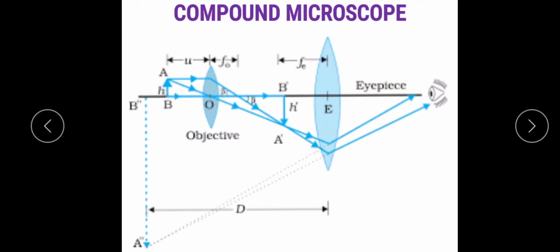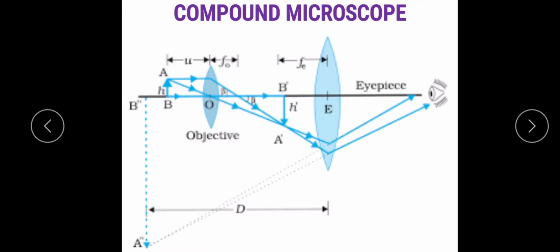The two lenses are held coaxially, that is, on a single axis, at the free end of the tube at a suitable fixed distance from each other.